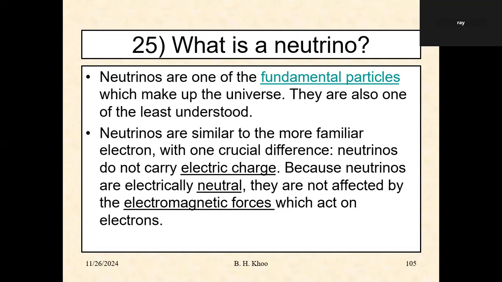That's the problem with neutrino. It doesn't carry a charge, so we cannot use electric field or magnetic field to study it. Because neutrinos are electrically neutral, they are not affected by the electromagnetic force which acts on electrons. Whereas with electrons, we can use magnetic field and electric field to study it.